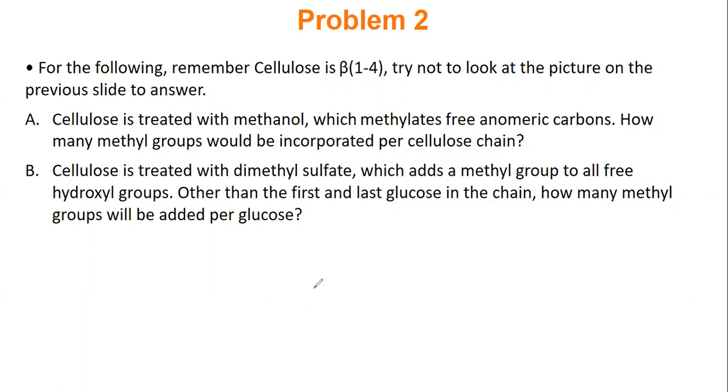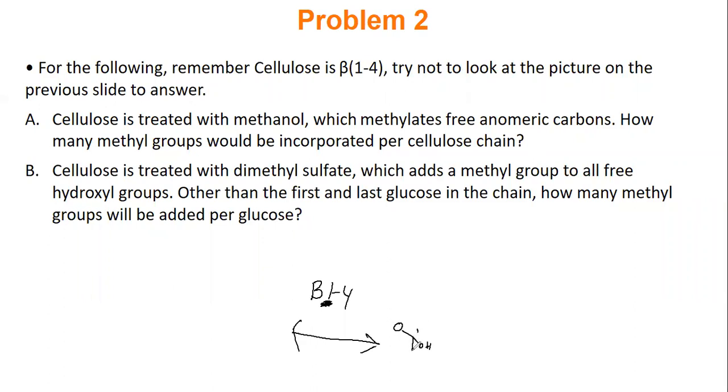To really understand this, you have to understand what the linkage is. It's beta 1,4, and it's just continuing. How many free anomeric carbons will you have? Well, every glucose will be bonded at its anomeric carbon because of that beta 1,4 linkage, except the very last glucose. So let me draw that.